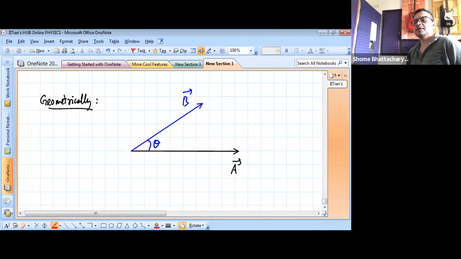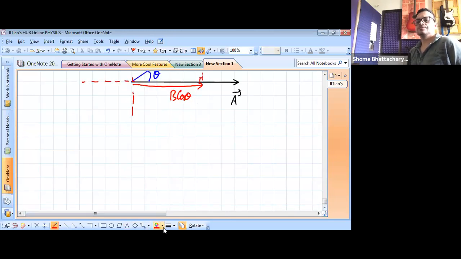If you drop a perpendicular here, then this quantity is nothing but B cos theta. Similarly, if you take a perpendicular axis to A and drop a perpendicular on that, that would be B sin theta. But we are more interested in B cos theta.